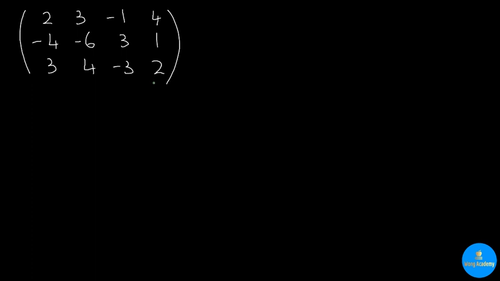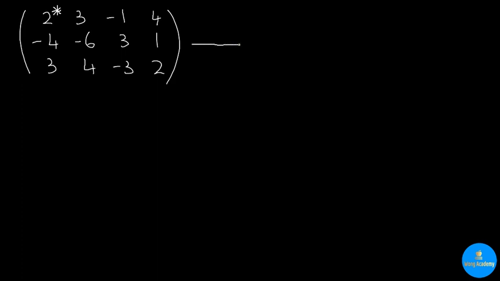Remember that we want to create leading ones in the position as top left as possible, and pivoting is well suited for this task. So the first thing we will do is to pivot at this non-zero entry 2.